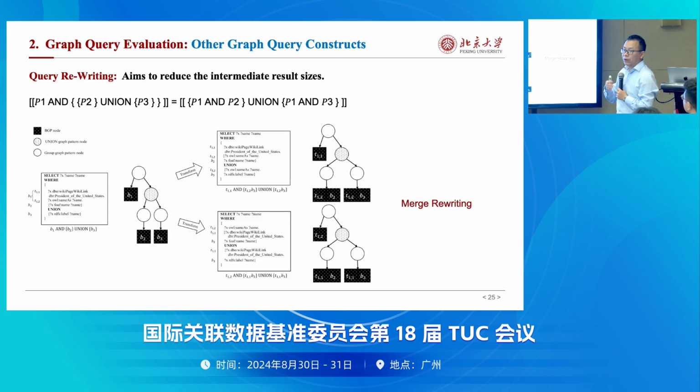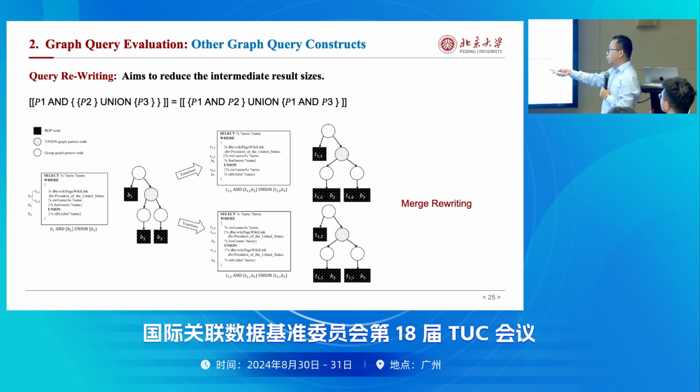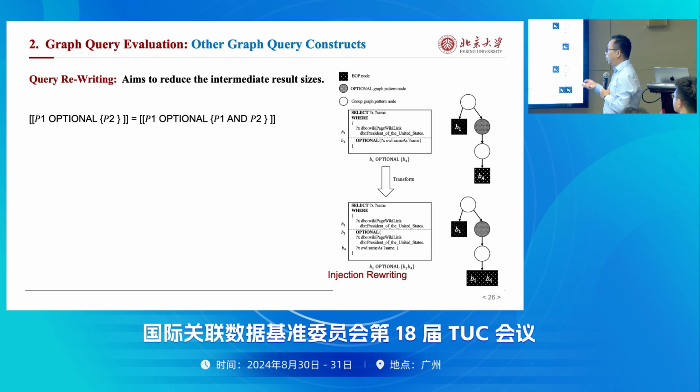We also propose some rewriting techniques. For example, for the union constructor, we propose the merge rewriting. Given a query, we try to rewrite it to an optimized one. And for optional, we also propose injection rewriting and other rewriting rules to find the optimized query plan.